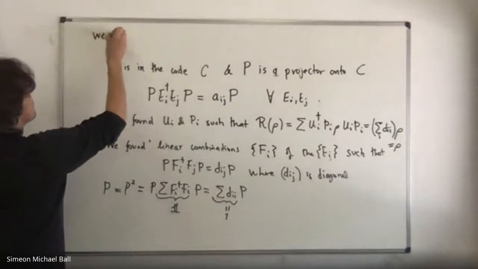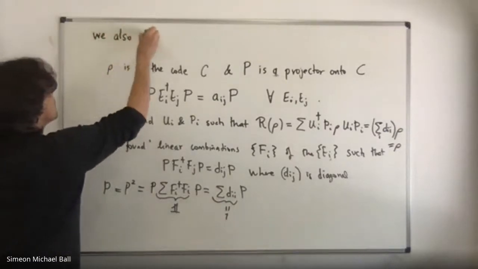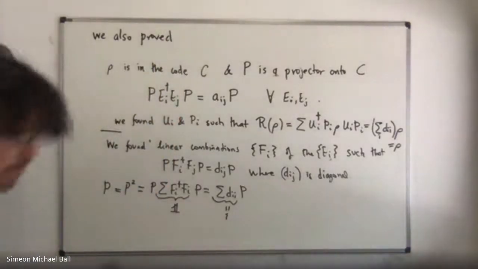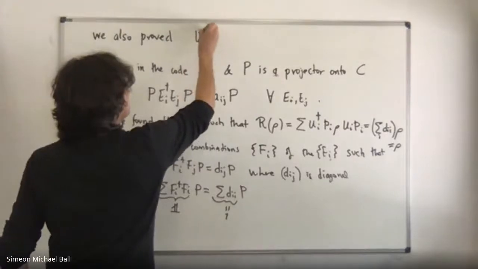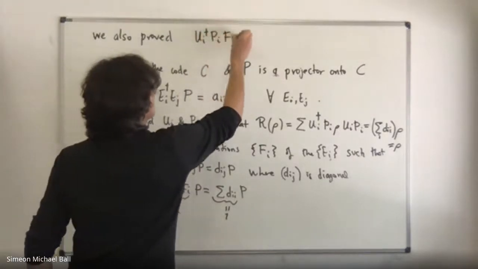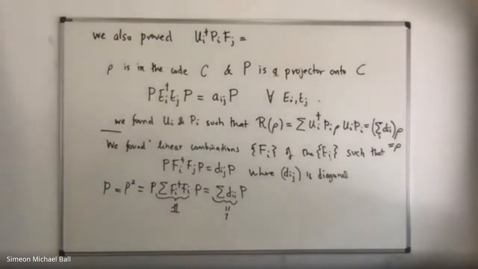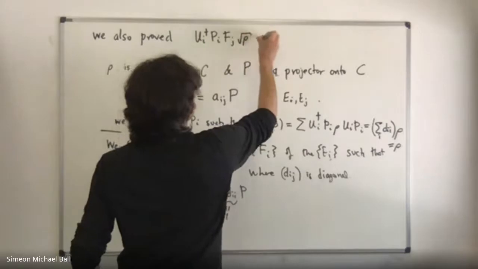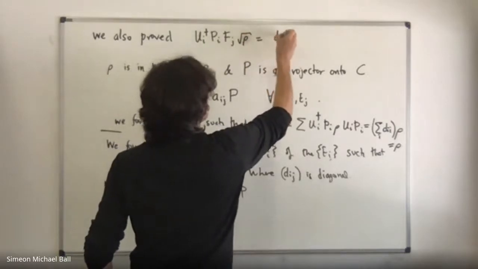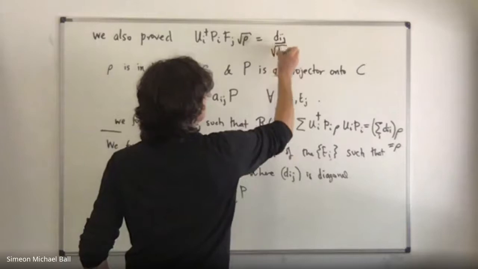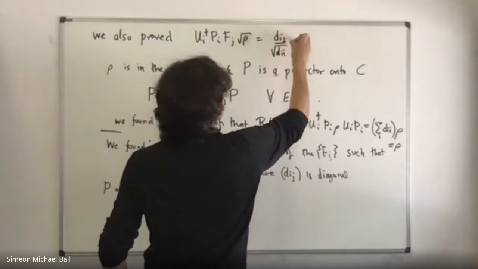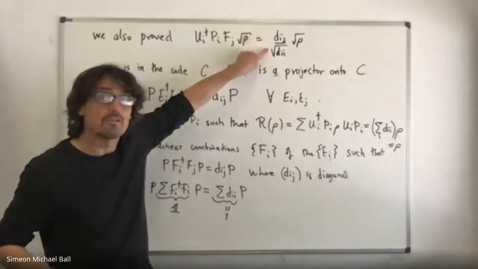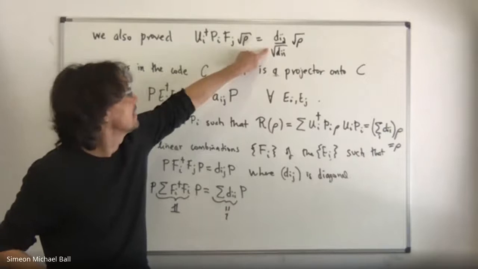We also proved that U_i dagger P_i F_j is equal to delta_ij square root of d_i. So basically 0 if i is not equal to j, and a square root of d_i only if i is equal to j.